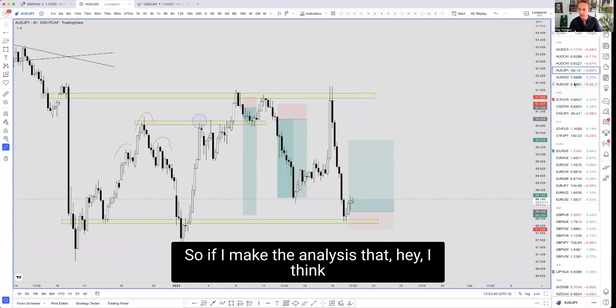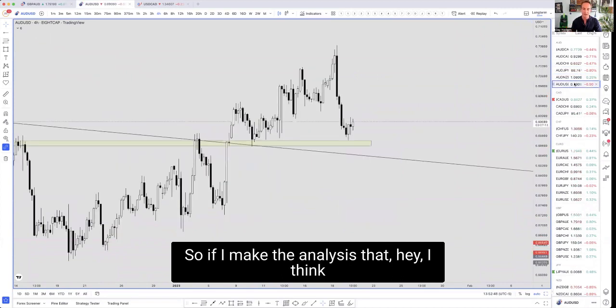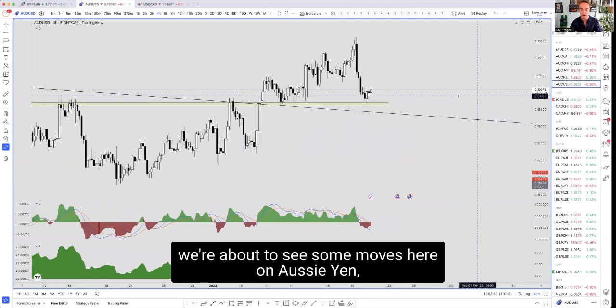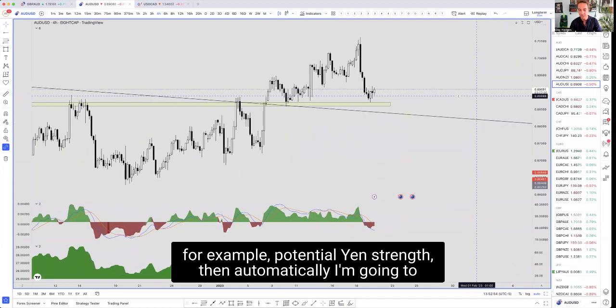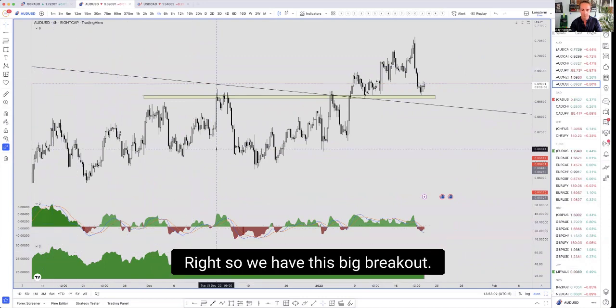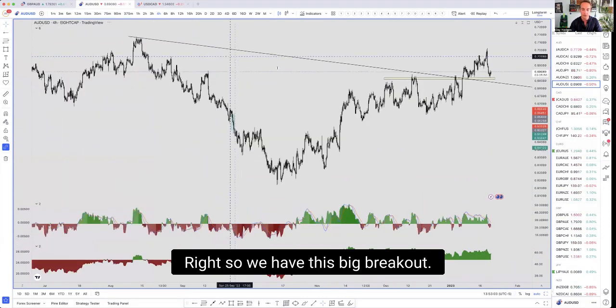So if I make the analysis that, hey, I think we're about to see some moves here on Aussie yen, for example, potential yen strength, then automatically I'm going to other Aussie pairs to see what might be going on, right? So, we have this big breakout.